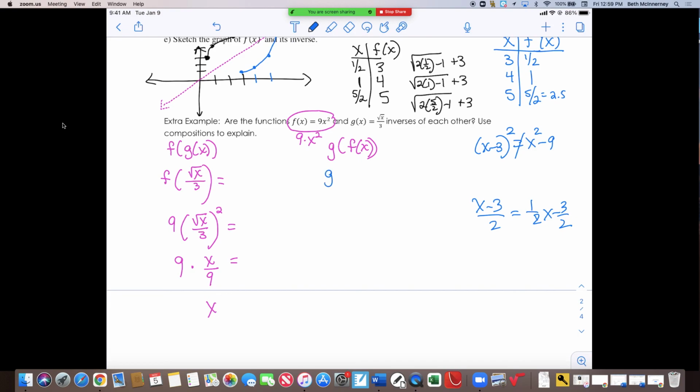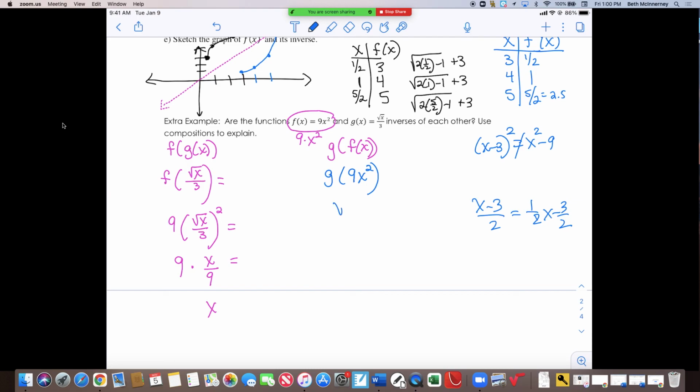I have g of f of x. Now, do you notice, in case maybe this was the question, there's no parenthesis around the 9 with the x. So it's not 9x, the quantity squared. If they meant that, there'd be parentheses. So it means 9 times x squared. Now I go to g.